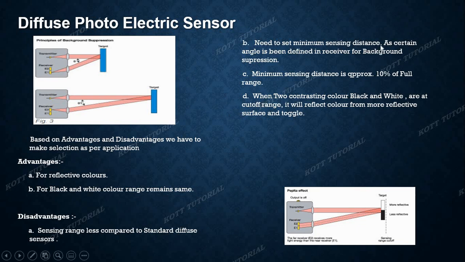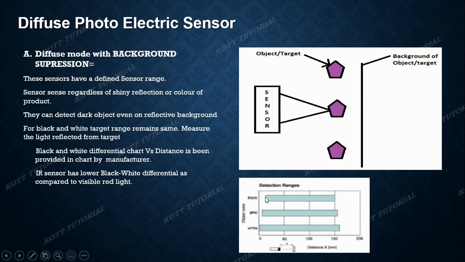Need to set a minimum sensing distance, as a certain angle is defined in the receiver for background suppression. See, this point I have explained here. Need to set the minimum distance. There would be a minimum sensing distance, that is nothing but the dead zone.